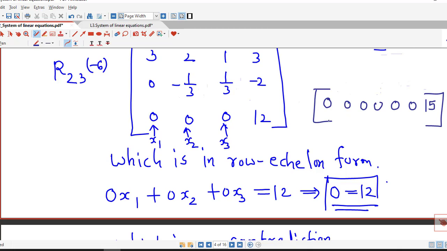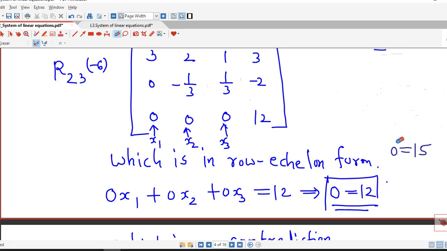So if all the entries before the last entry are 0 and if last entry is non-zero, then if we write down the system corresponding to this, we will always have 0 equal to 15, so which is not possible. Therefore this system has no solution.